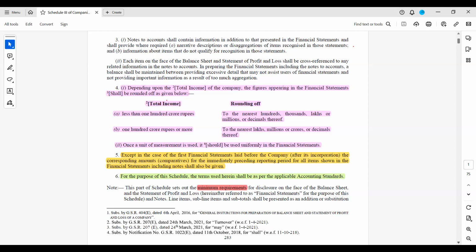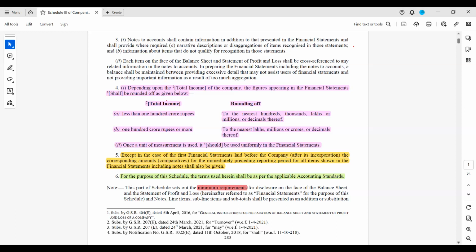That means if you are using rupees in hundreds for the balance sheet, then for the statement of profit and loss also it should be rupees in hundreds. Schedules also, and your notes to accounts also should be rupees in hundreds.